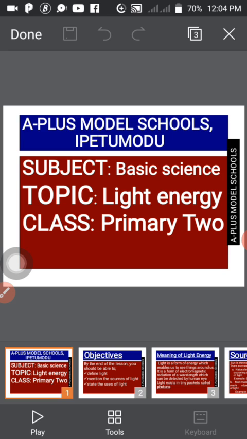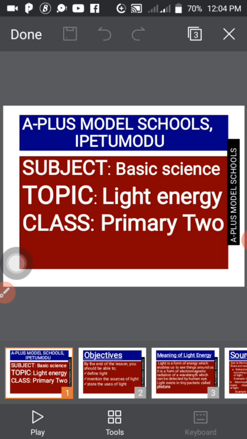Plants receive energy from the sun, and we human beings depend on the food made by plants to get our own energy. Plants make their food in the presence of sunlight, and the process is called photosynthesis.